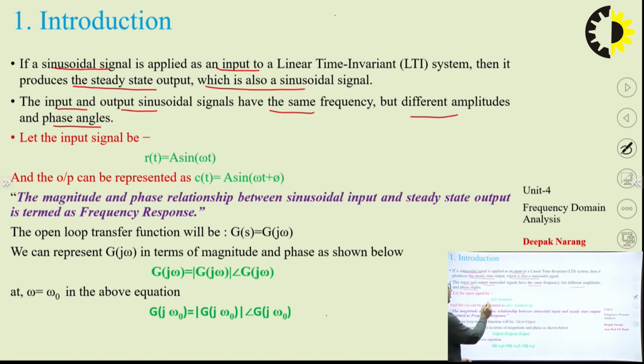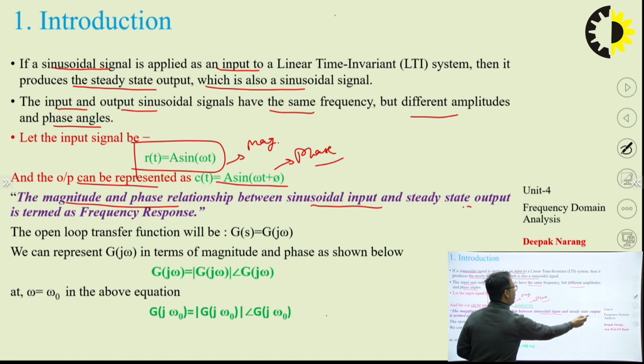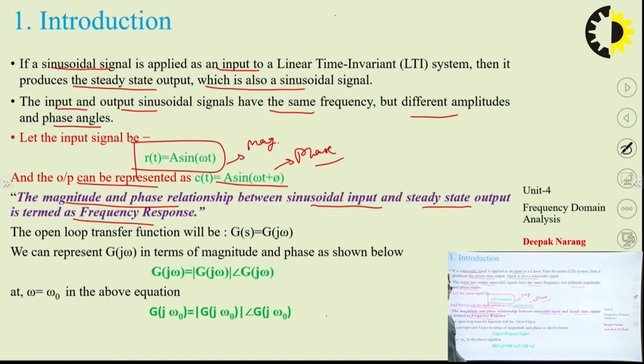So, if we represent our input as a sinusoidal function, that is A sin omega t, then the output can be represented as A sin(omega t plus phi), where A is magnitude and phi is phase. So this magnitude and phase relationship between sinusoidal input and steady state output is termed as frequency response.